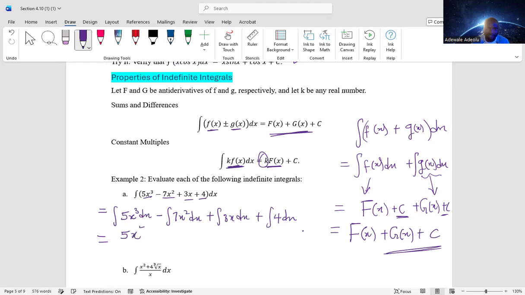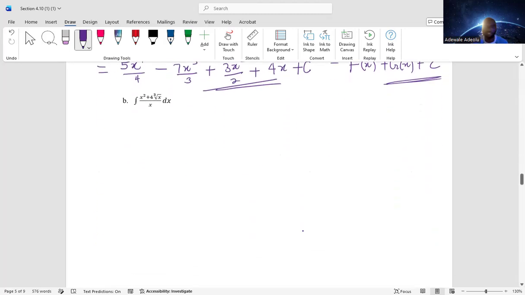So this is 5x to the fourth over 4. Instead of writing plus c each time, I will reserve it for the very end. Here is 7x raised to power 3 over 3, then 3x squared over 2 plus 4x, then plus c. It is important I write it there. And guys, this is our result. If you can simplify, you can simplify, but in this case that seems to be the last step.